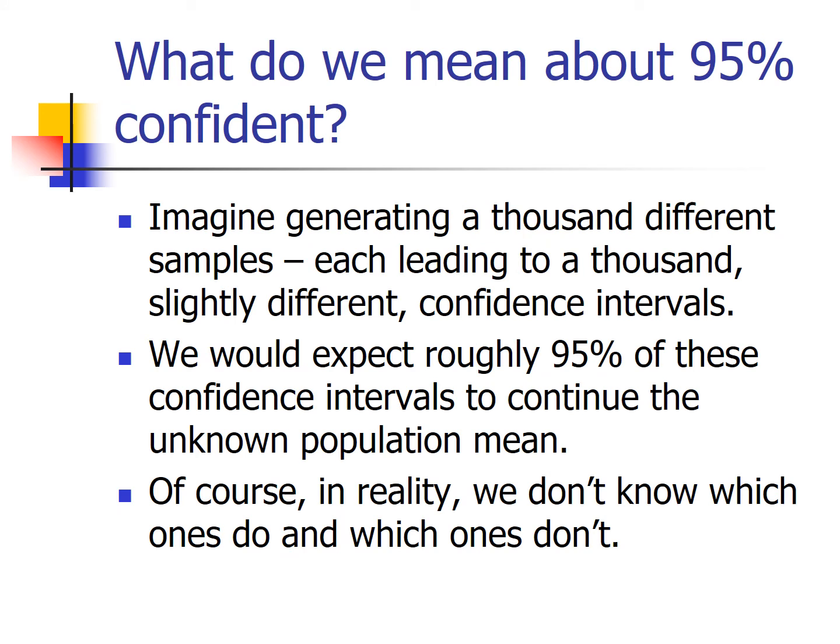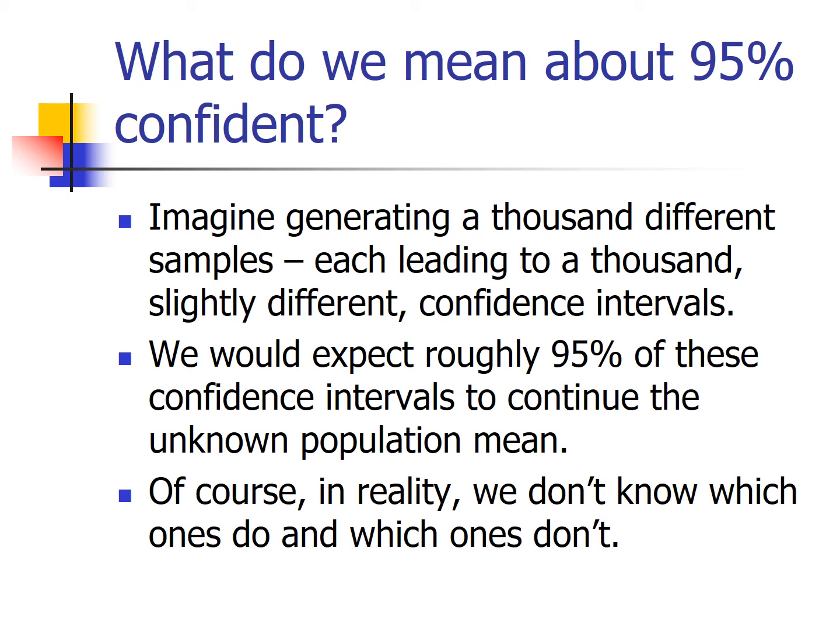So a couple things that I want to wrap up, a couple loose ends, big picture on confidence intervals, either the z or the t. First off, when we say that we're making a 95% confidence interval, something like I'm 95% confident that the true mean kangaroo jumping distance is between 23 and 27 feet, what do we mean? Well, it's a little bit of an abstract idea, but imagine generating 1,000 different samples.